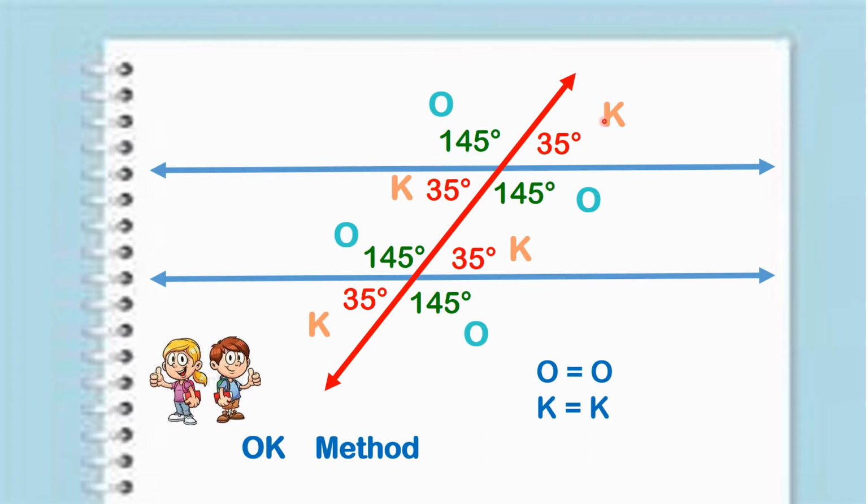Maybe OK, KO, OK, KO. And when you have O plus K, the sum is 180 degrees. So O plus K is 180 degrees.